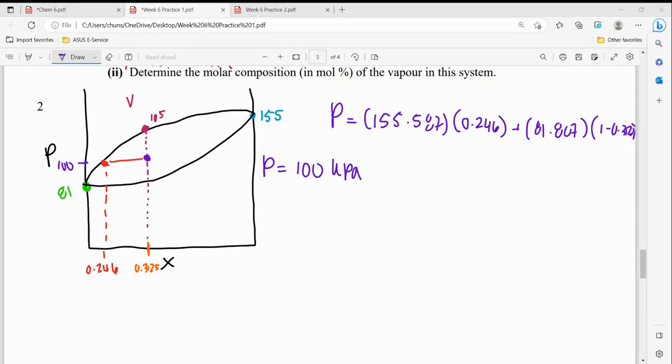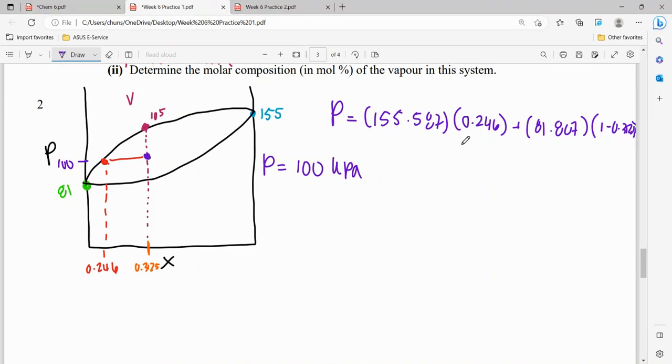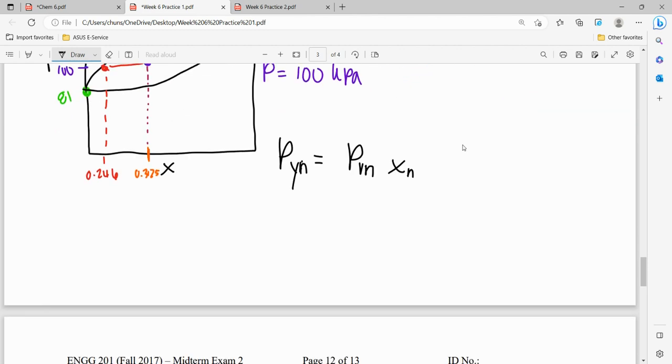So using Raoult's law, we can use this equation. Our total system pressure times our vapor phase mole percent is equal to the vapor pressure of our nonane times the liquid composition of our nonane, which we are given.